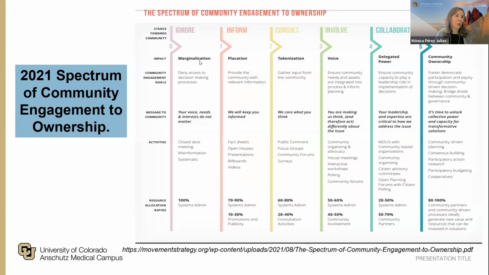Notice on the left, 0 and 1, how from the community perspective, when we deny access to decision-making processes, they can perceive it as ignoring their own ownership and ability to be at the table and be part of decisions with us as researchers.